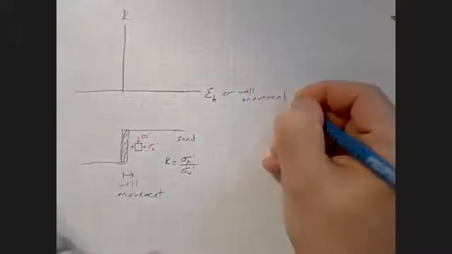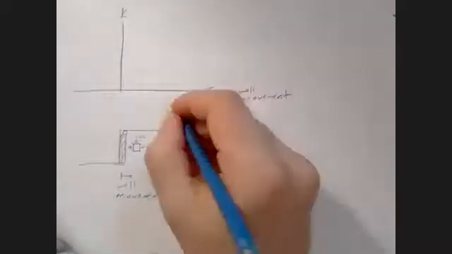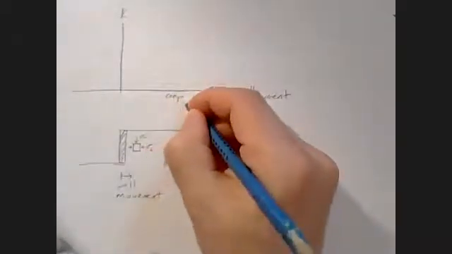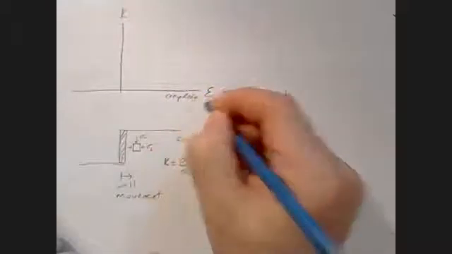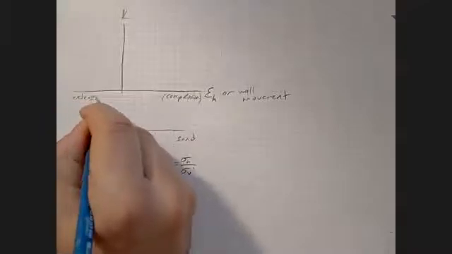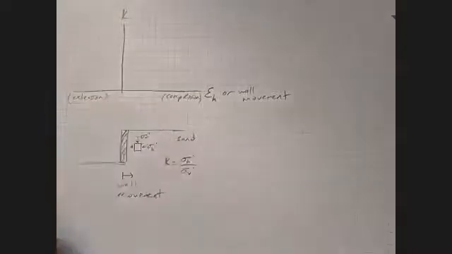It will be the same in compression. So here this side will be extension or tension. So if my wall moves to the right, I'm compressing this soil in the horizontal direction.